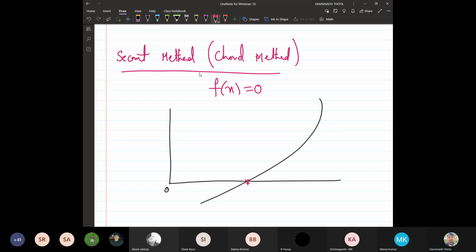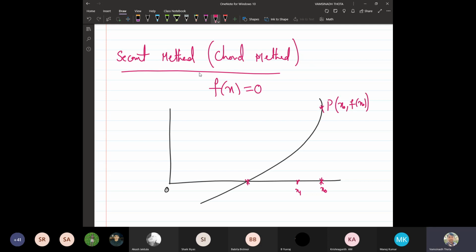Now let us assume this is x0 and this is x1. You point out its value. This is the point P represented with x0 and its output f of x0.